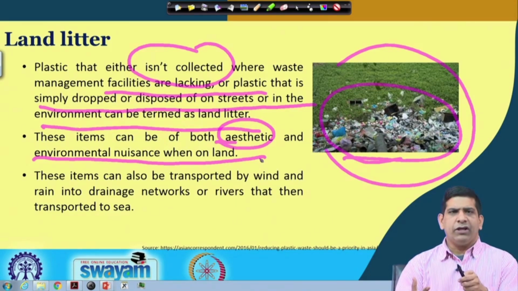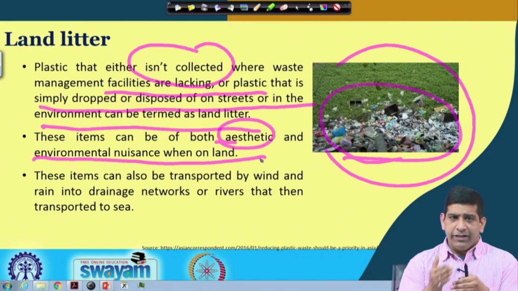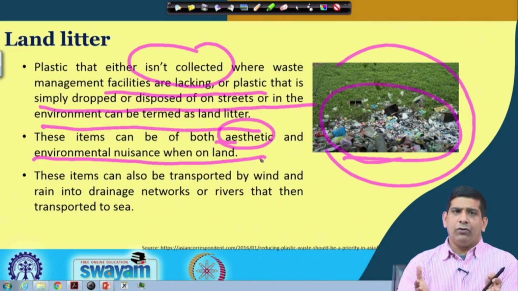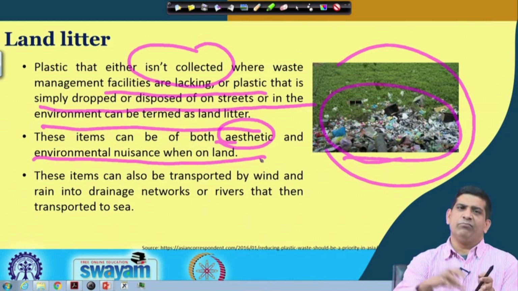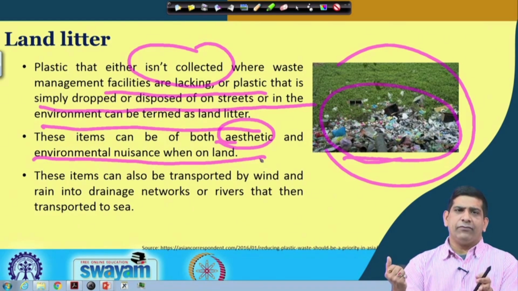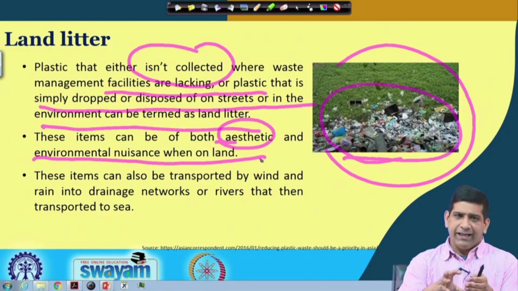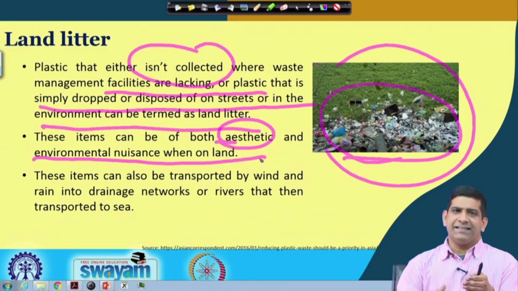I think a year ago, I don't remember exactly when, in India itself, when an old cow died, they looked inside the cow's body. They did a dissection, and they found several kilograms of plastic in the stomach.